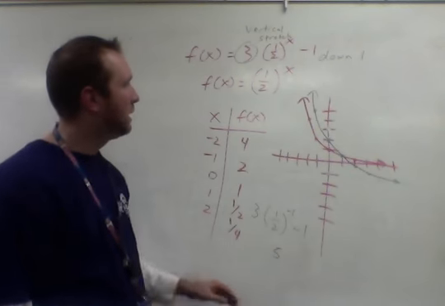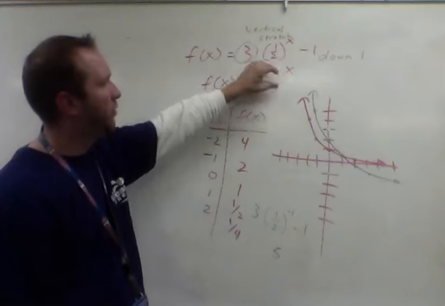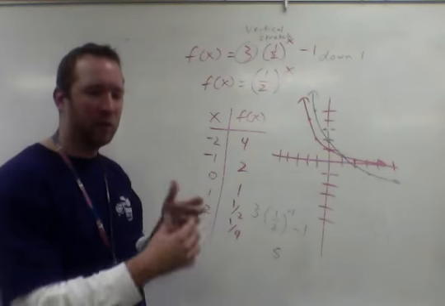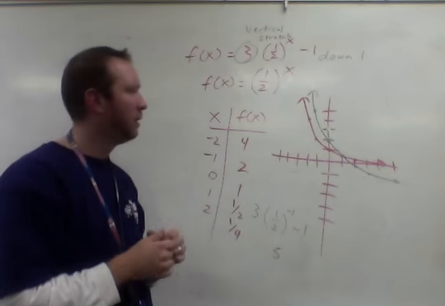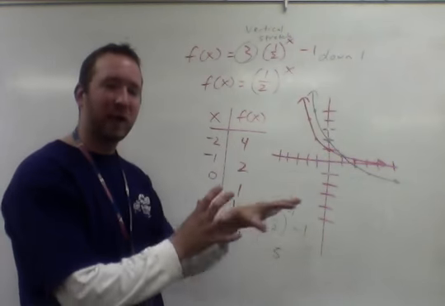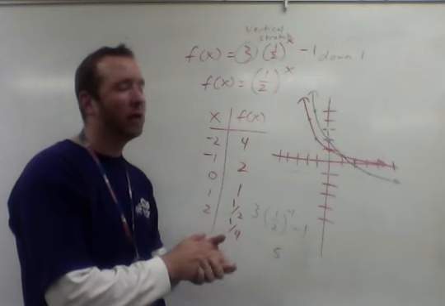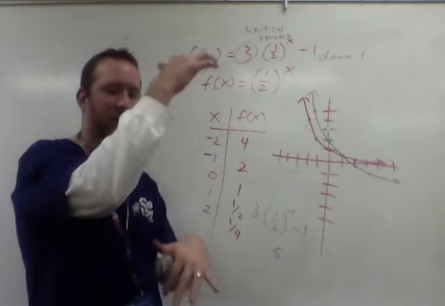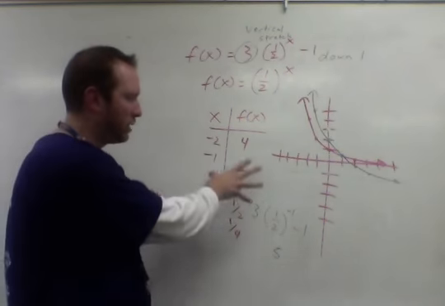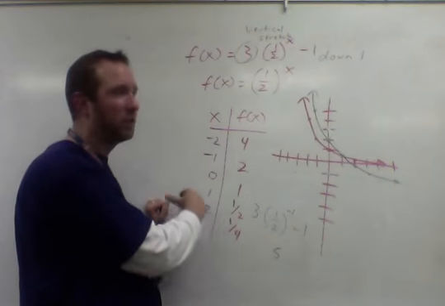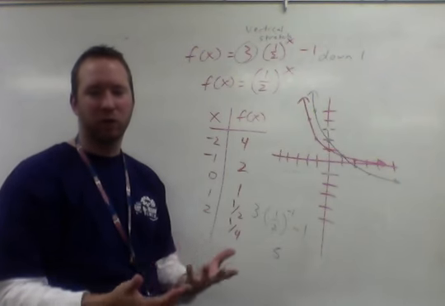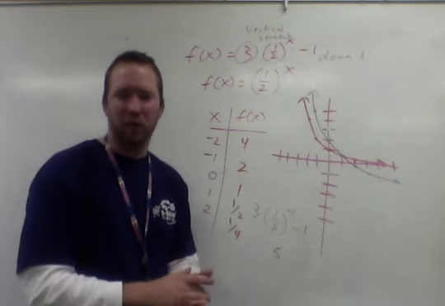So the idea here we're looking at is figure out what the parent function looks like, just the b part to the x, eliminate the a, the h, the k, find those points, plot them, then use our transformations that we were working on from Unit 1 and shift the graph left, right, up, down, stretch it, flip it, whatever you need to do. Then you can definitely verify by plugging in a point into the equation and seeing if that point's actually on your graph, which are things you kind of learned from the representation matching piece.